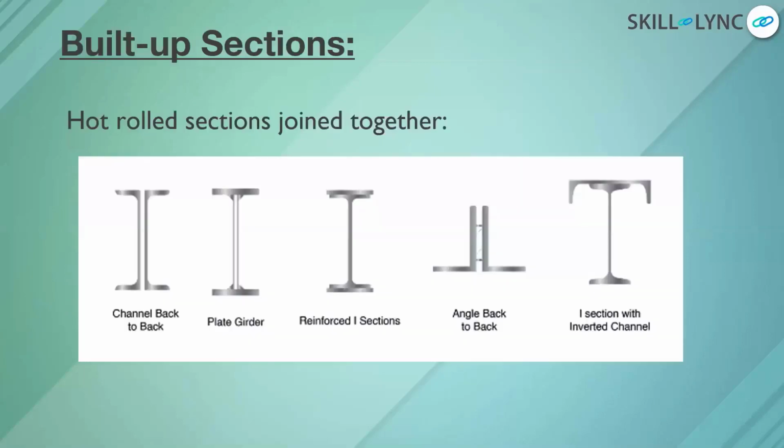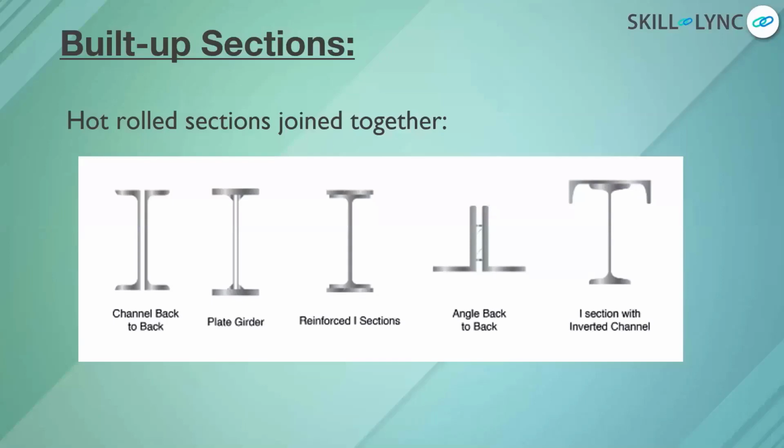Built up sections are a combination of two or more sections. If you take any hot rolled sections like C channels, we combine them depending upon the project's design requirement. The sizes of these channels will be revised, not as per the market availability sizes.